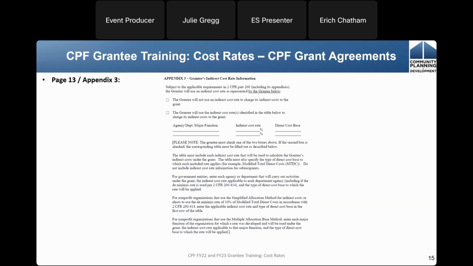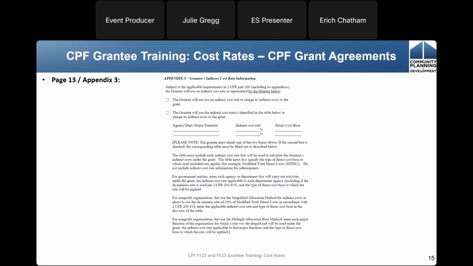If you select the second box, the grantee will use the indirect cost rate or rates identified in the table below to charge its indirect cost to the grant. And then you will fill out your agency or different departments, the major functions as it relates to grant management, the indirect cost rate, and the cost basis.